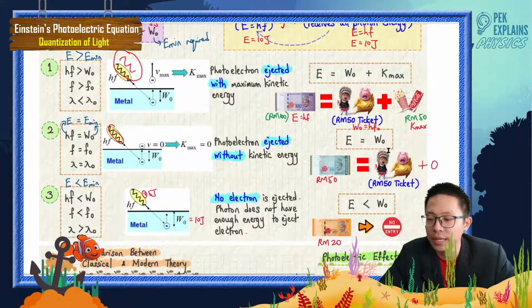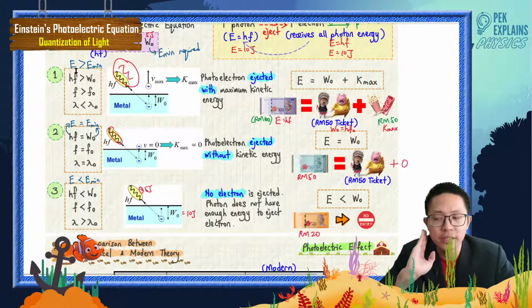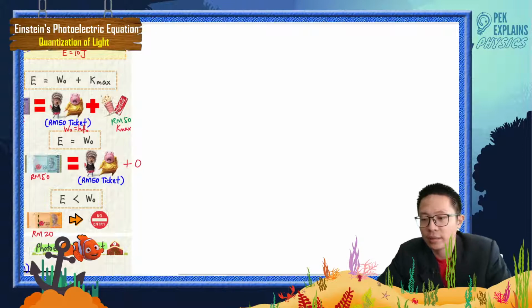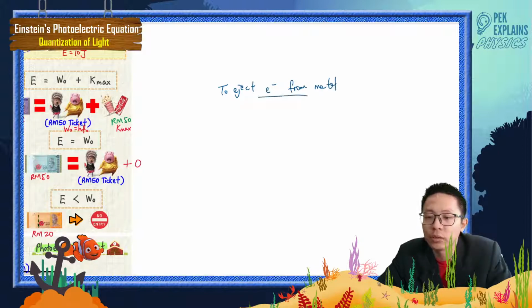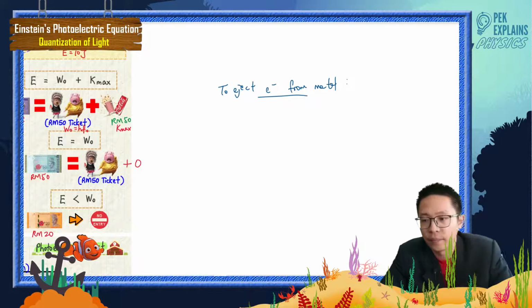So to eject the electron, in a nutshell, to eject an electron from metal, the electron needs to absorb enough energy to be ejected.